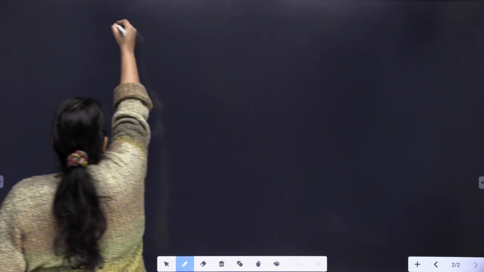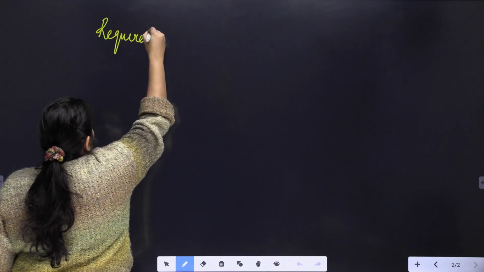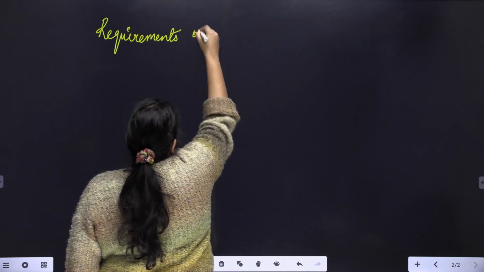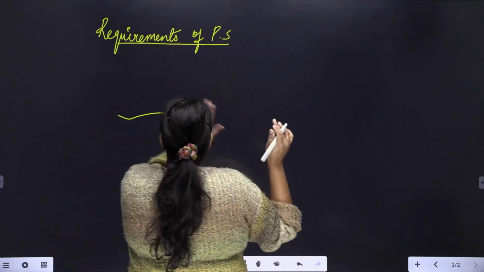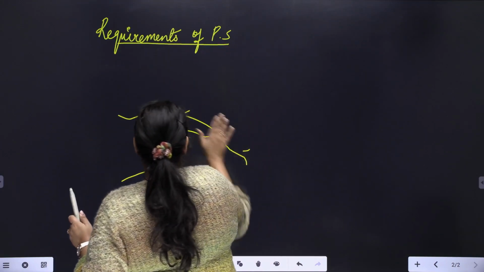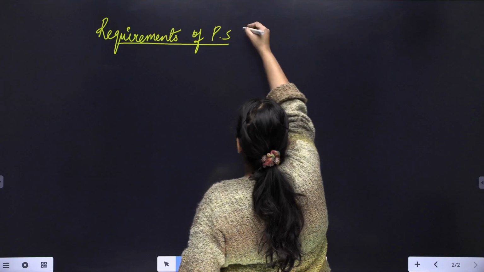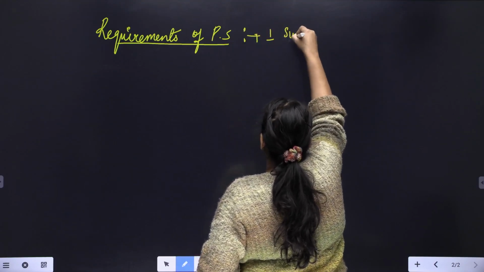Now, what are the requirements of photosynthesis? The first thing that is required is sunlight.